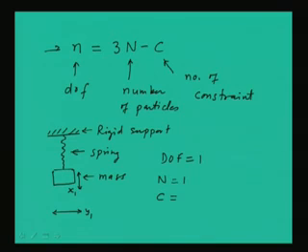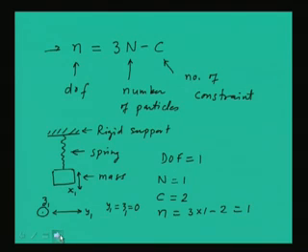Also perpendicular to the screen we are not allowing motion, let us say the z direction. So there are two constraints, y1 equal to z1, both are 0. So C is 2, and the degree of freedom n will be 3 into 1 minus 2, which is equal to 1. So we can see that using a simple relation we can get the degree of freedom of this system.